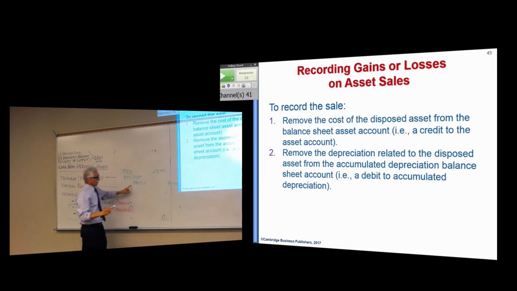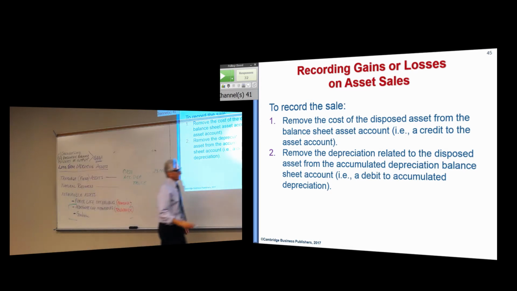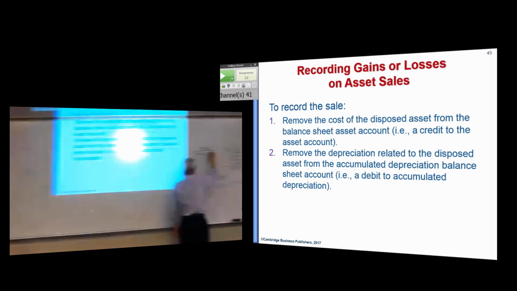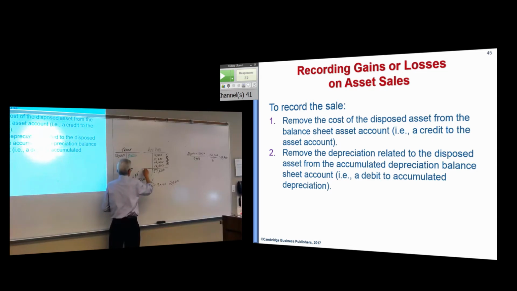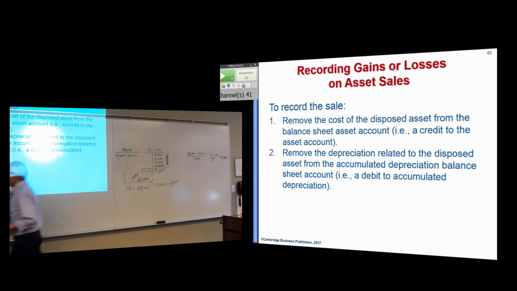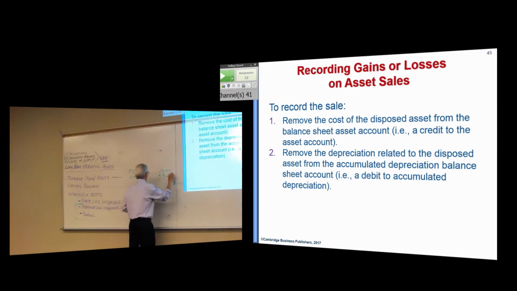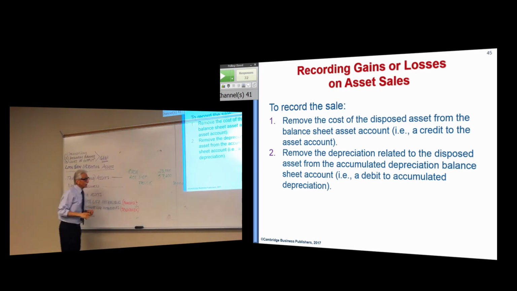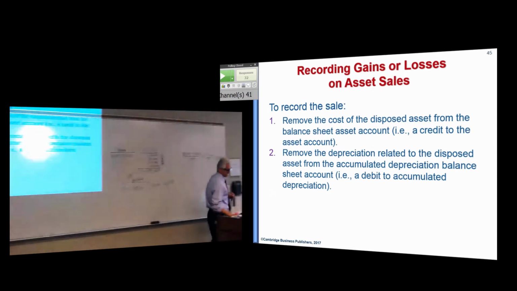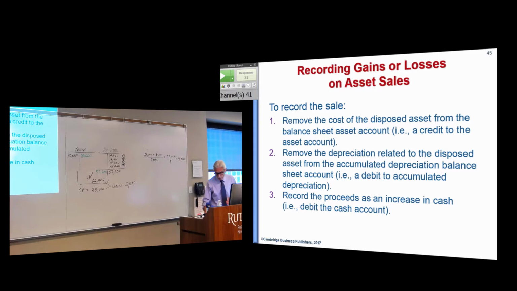You remove the cost of the vehicle by a credit of 80. And you debit the accumulated account for the depreciation. The difference between the two is going to be the gain. Increase cash, and then record the gain or loss.